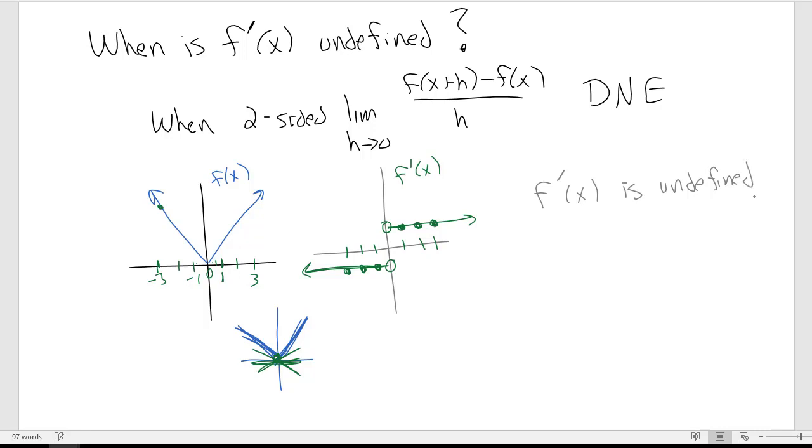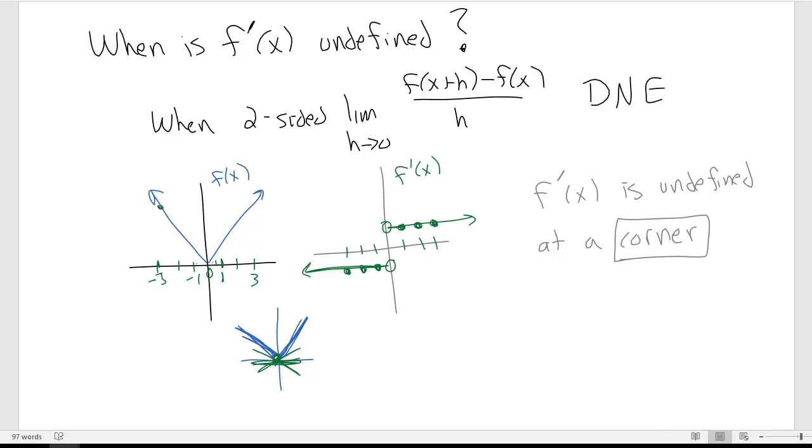F prime is undefined at a corner. So anytime we have a corner, we're going to have some form of a discontinuity on our derivative. In this particular scenario, we have a jump discontinuity. But anytime we have a corner, we're going to have the derivative being undefined. The graph of the derivative would be discontinuous.